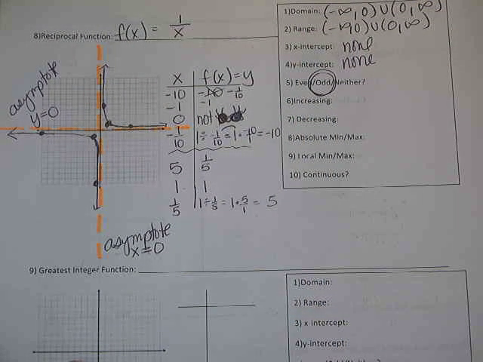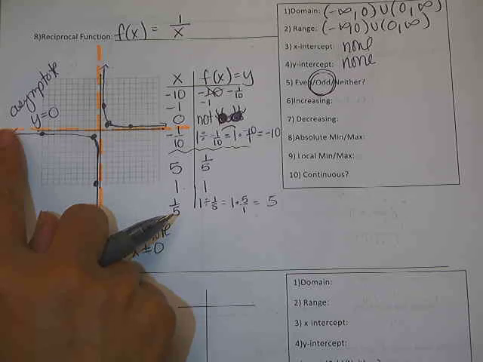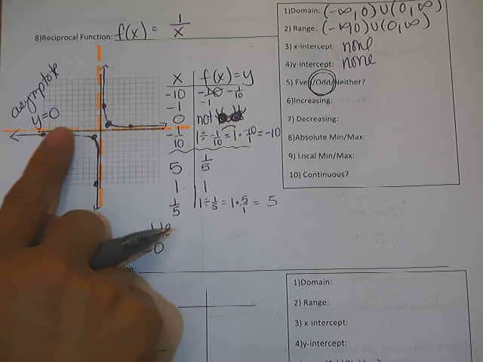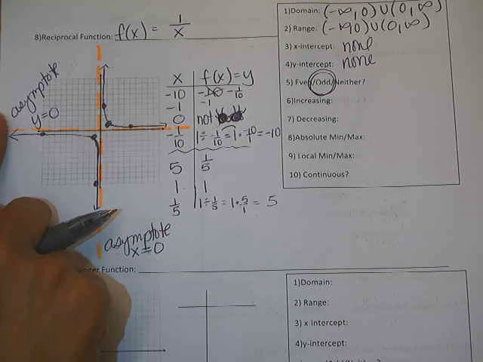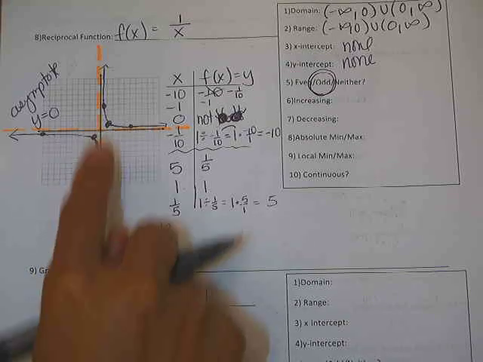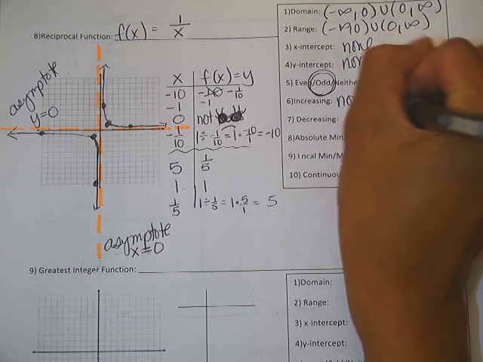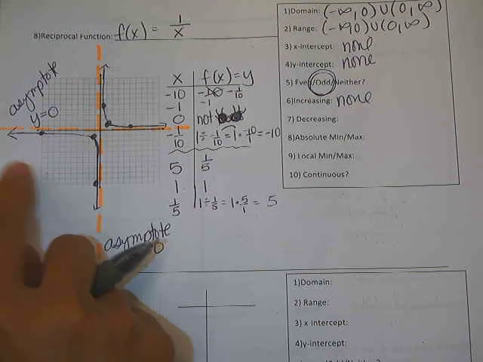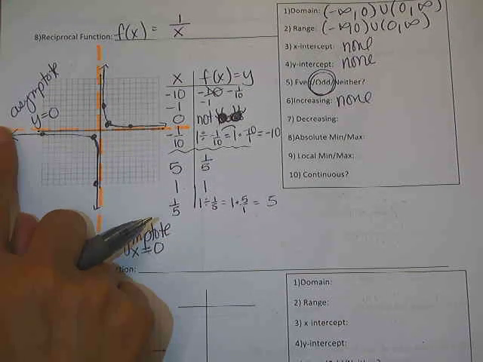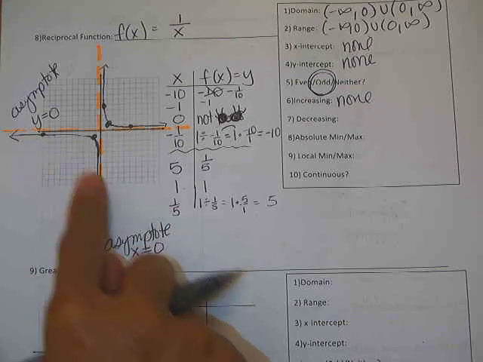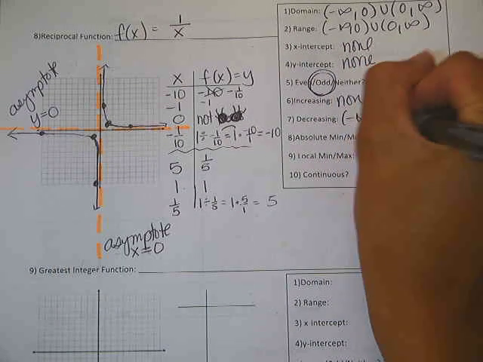Is it increasing? So from here to here, notice how y value is decreasing. Okay? From here to here, y value is decreasing. Here to here, y value is decreasing. So this is not increasing, it's decreasing. But it takes a little break. It's decreasing from negative infinity to 0. Okay?